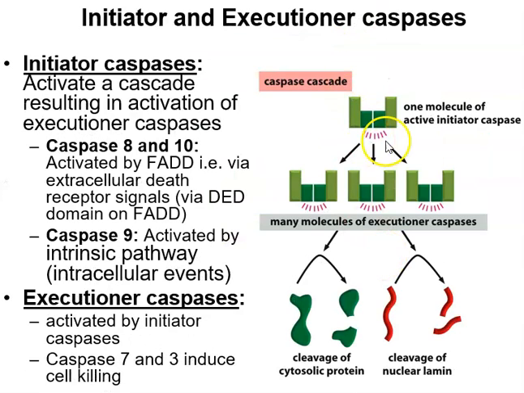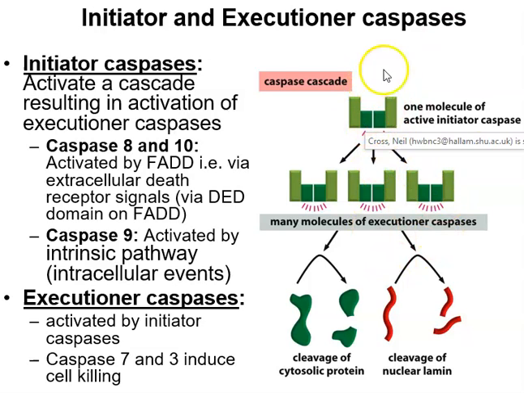So this can be summarized here. At the death-inducing signaling complex, you get activation of one initiator caspase. That can activate many more executioner caspases, and executioner caspases will be floating around in the cytosol in the inactive form. They need their N-terminus cleaving off, they need to be separated into their large and small domains, and they need to come together as two heterodimers.